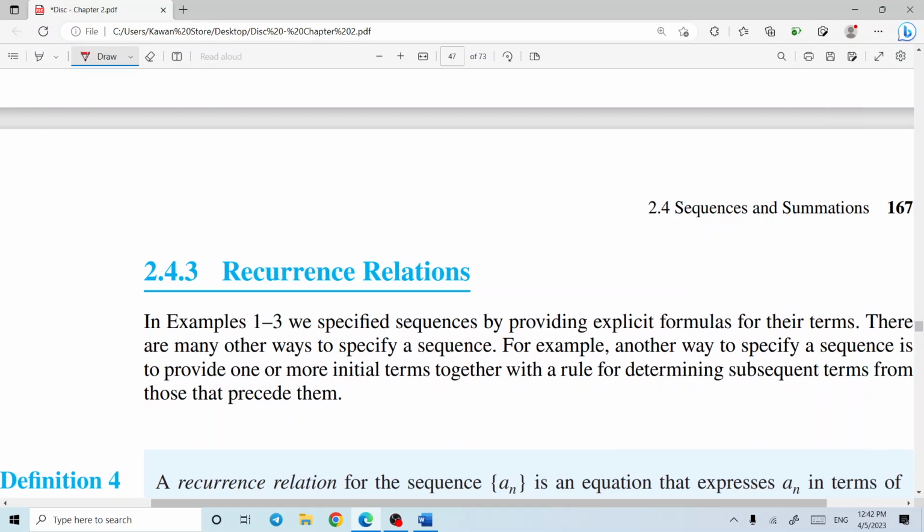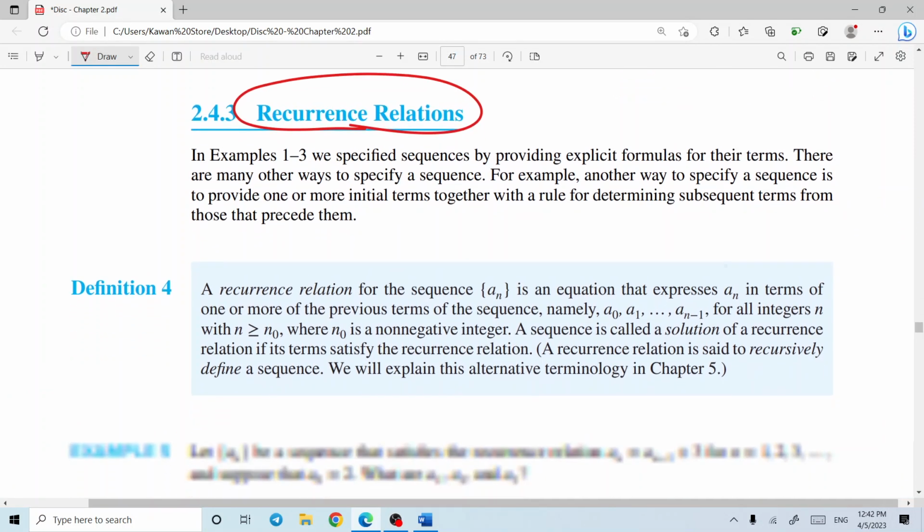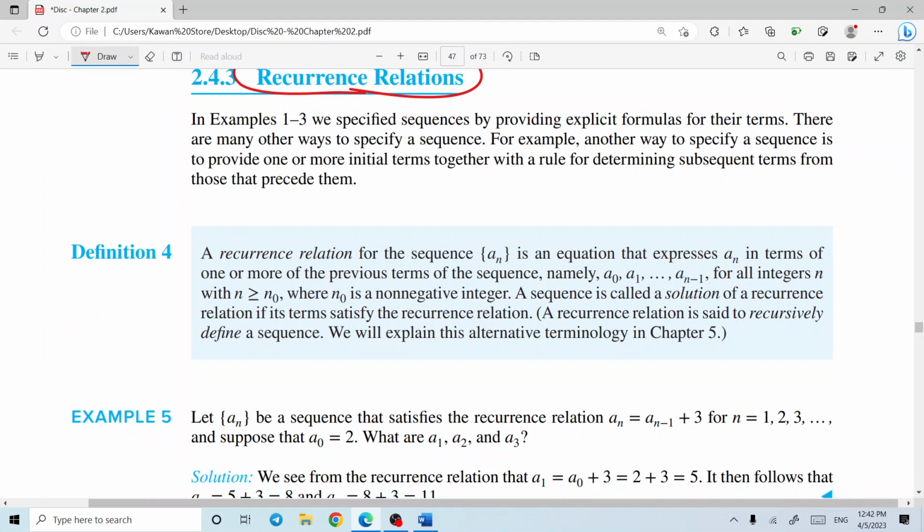Now we have recurrence, or recurrence relation. What do you mean by that? How do we find them? Look at the example to understand what recurrence relation means. We have a relation, an equation, with one or more previous terms, meaning that each term depends on the previous one.